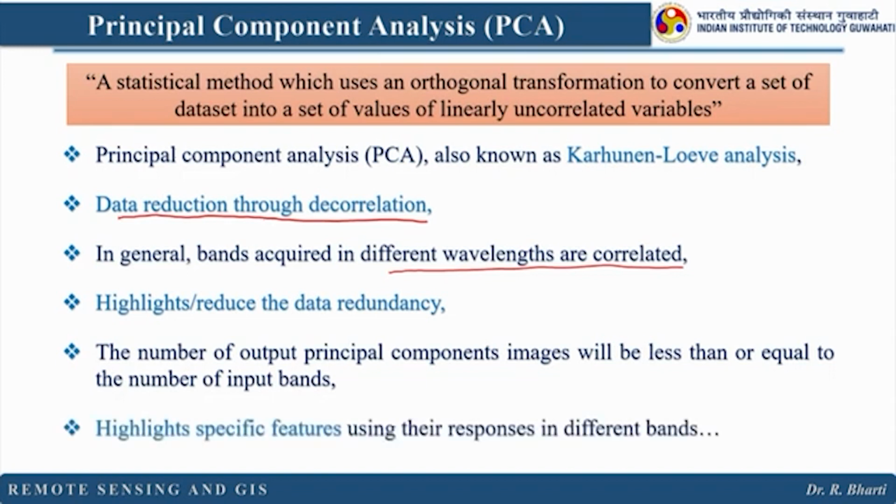It highlights a specific feature using its responses in different bands. That is the flexibility you have when applying PCA. And how does it highlight? Because it will identify the similar information available in different bands, and then it will highlight those features.